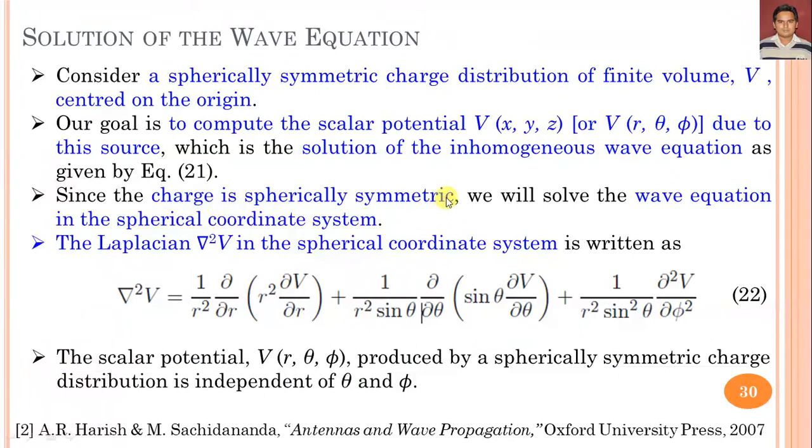Since the charge is spherically symmetric, we will solve the wave equation in the spherical coordinate system. So by considering the Laplacian del square V in the spherical coordinate system using expression 22, the scalar potential function V produced by a spherically symmetric charge distribution is independent of theta and phi.